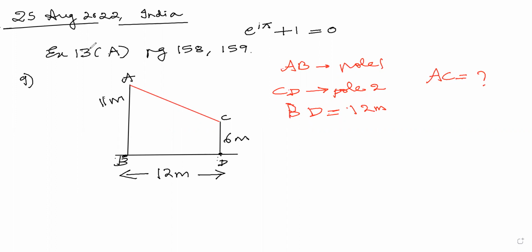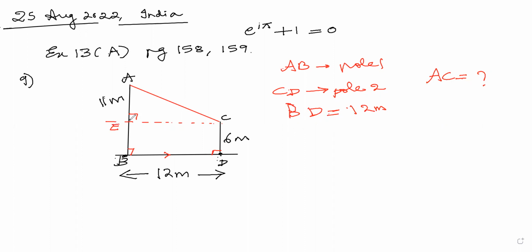Now, before I start off, first of all, I need to draw a line parallel to the ground. BD represents the ground, isn't it? I need to draw a line parallel to the ground passing through this point C. The pole and the ground are at 90 degrees, so you see this will be a right angle triangle here.